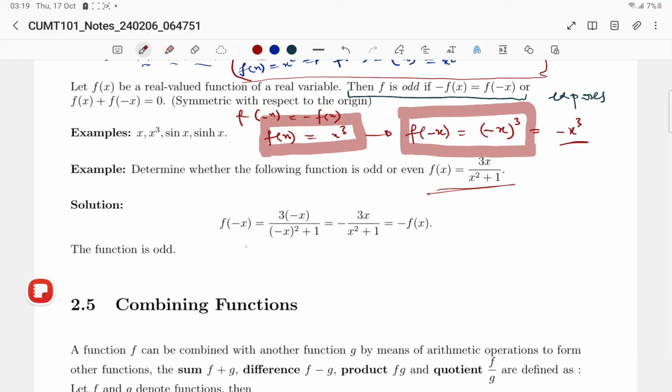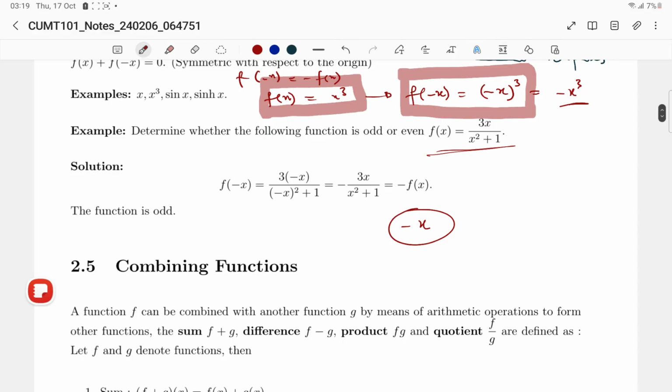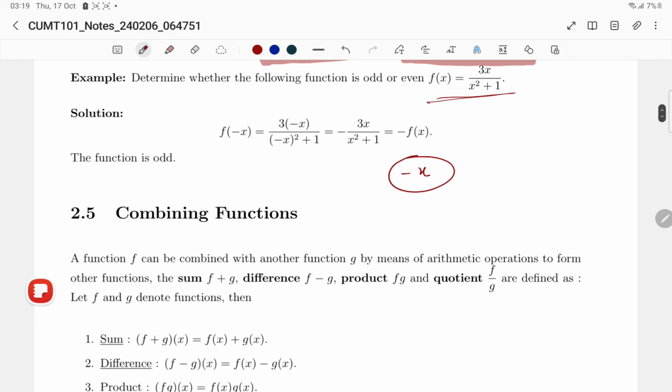For you to test whether a function is odd or even, just substitute minus x in the function and check whether the function exposes or absorbs the negative. You can see this one gives us minus 3x over x squared plus 1, and this one is exposing the negative. So it means that it's an odd function.